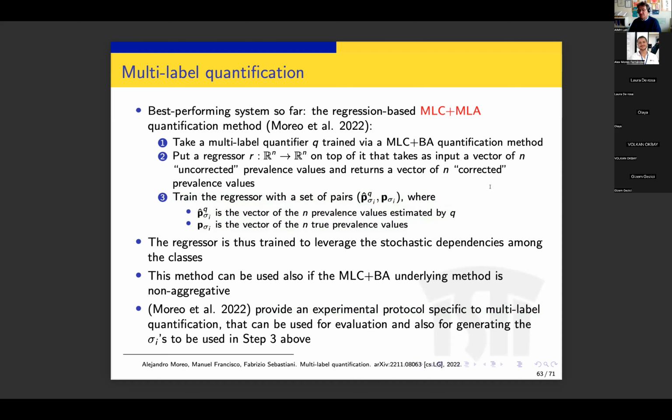So this is just a glimpse into the area of multi-label quantification. There are some other systems that have been proposed based on different intuitions, but these regression-based methods, of type MLC plus MLA, which tackle the stochastic relationship between the classes both at the classification level and the aggregation level, have proven the best performing so far.